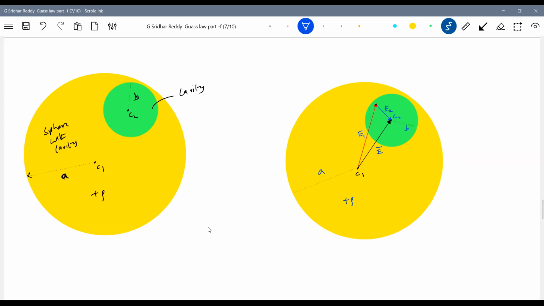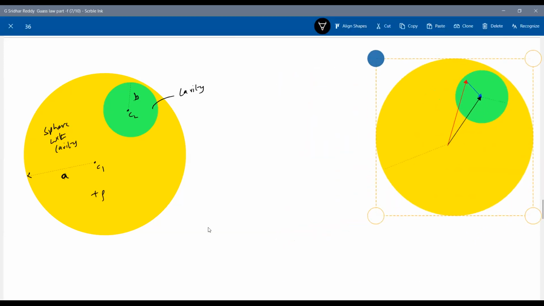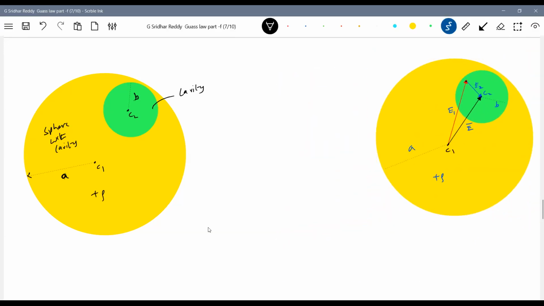What is E bar? I'll push it to the corner so we can write equations. E bar should be equal to E1 bar plus E2 bar. What is E1 bar?